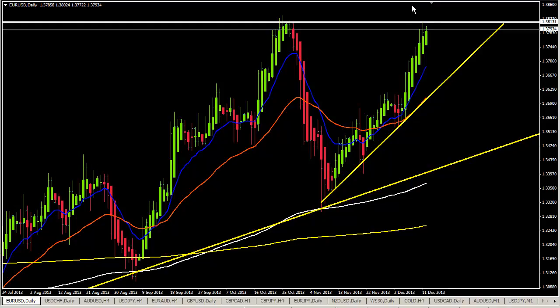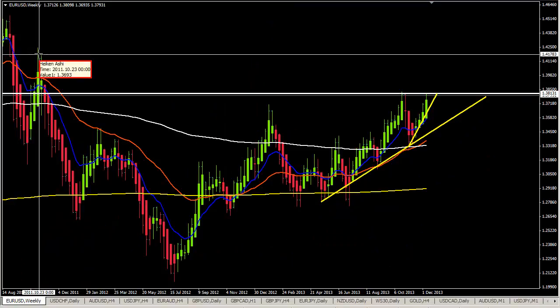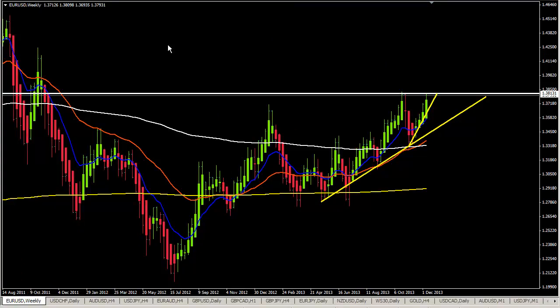If it breaks the area, we still have our targets up here at 1.4142 anyway. Okay, so far so good. Let's switch. If you have anything in between or you want to ask something, I'll make this quick and then you just shout.